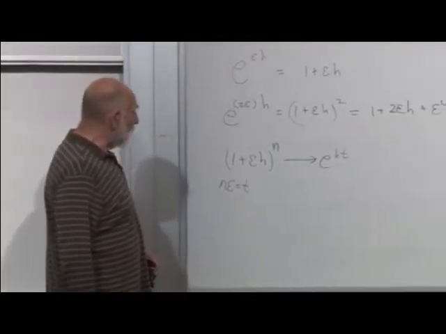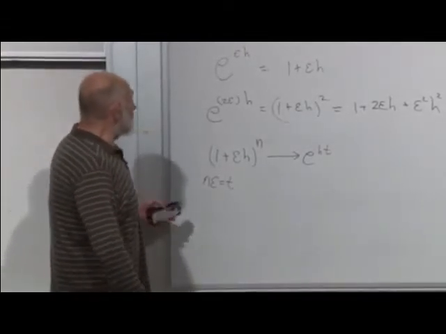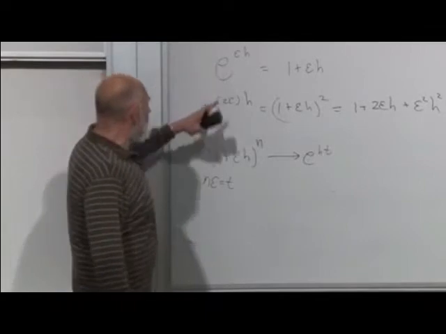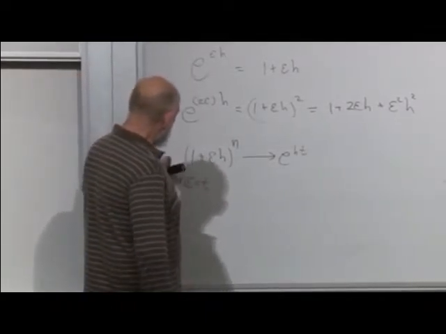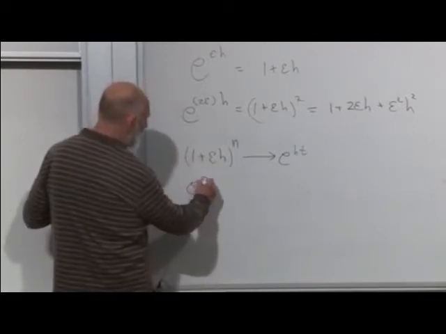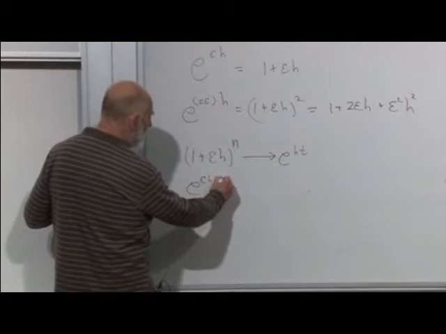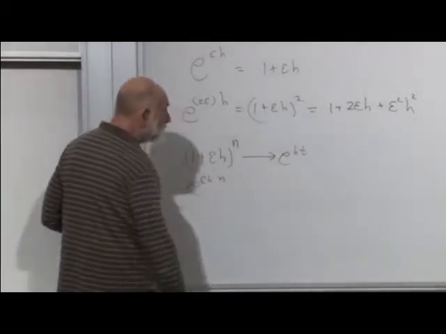I think it's right. And the way you can understand it is by saying that for small epsilon, 1 plus epsilon h is the same as e to the epsilon h. And if you take it to the nth power, the epsilon just multiplies the n and becomes t.